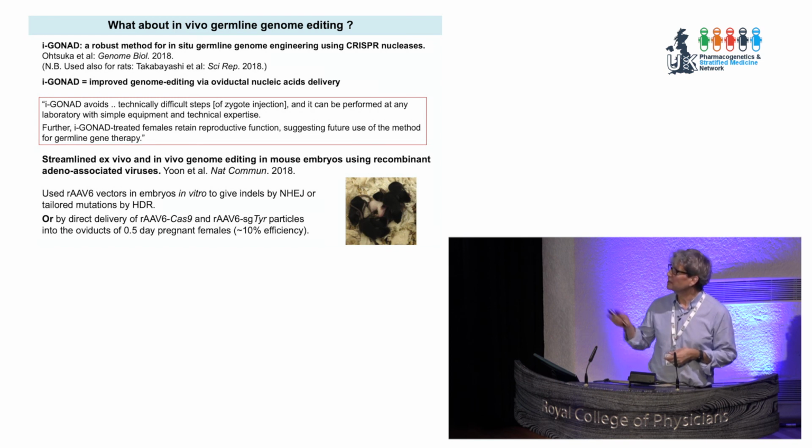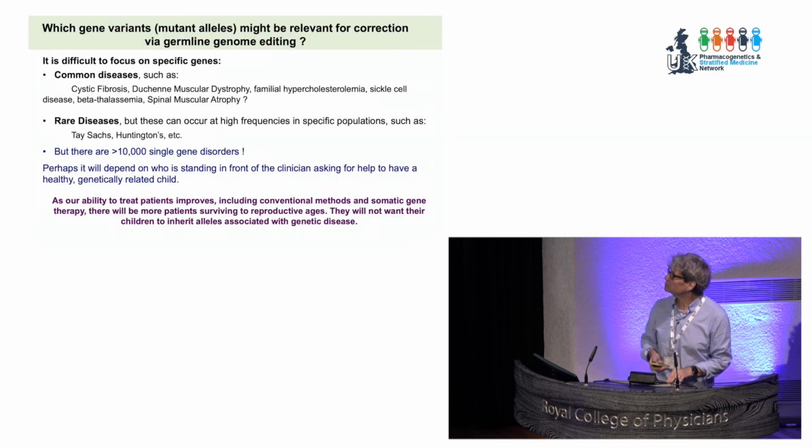But you can also inject the components into the oviduct and hit the embryo. This is done with electroporation or using viral vectors, in utero. And you can get genome editing to work in both these cases.